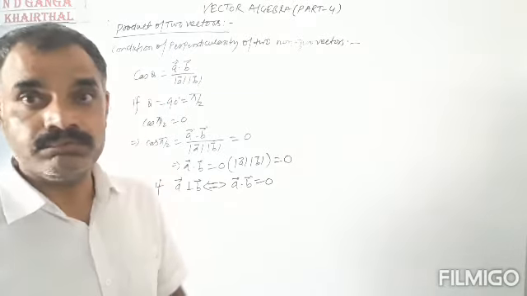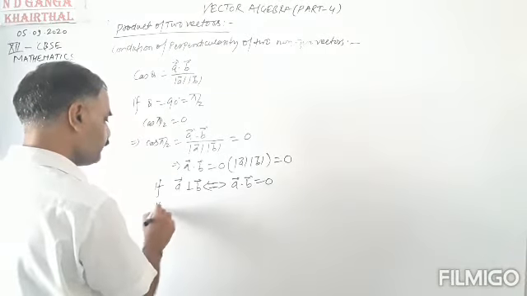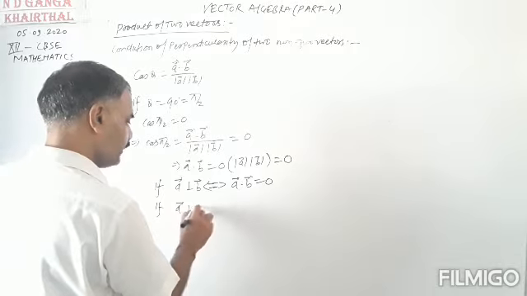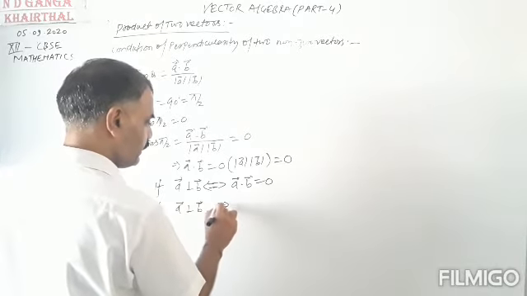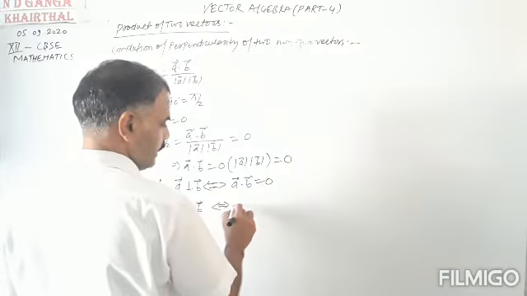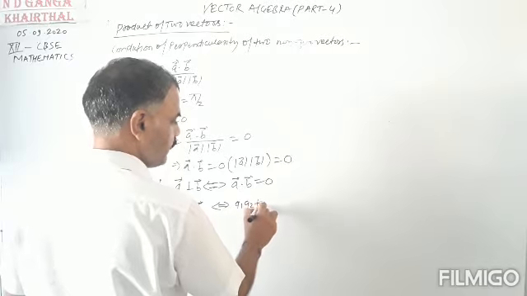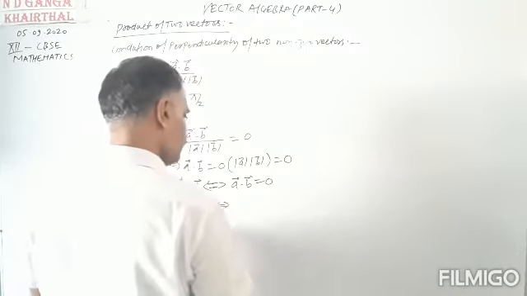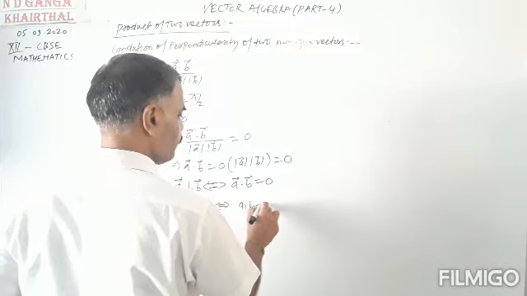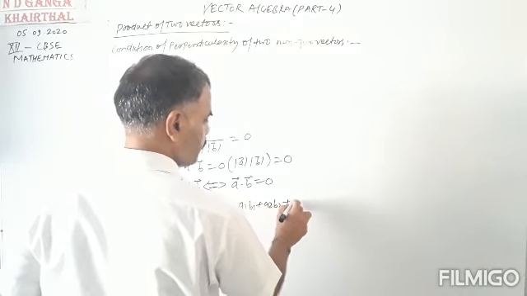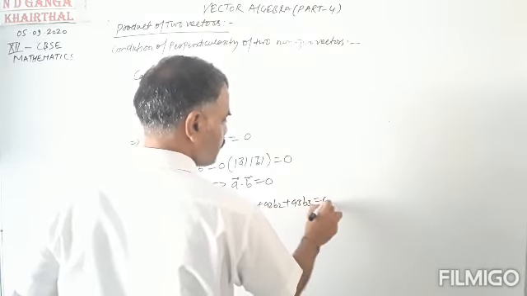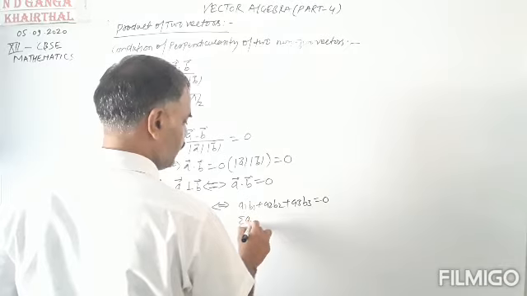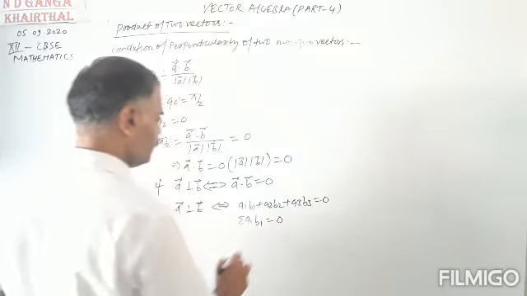And in component form, if a vector is perpendicular to b vector, then this implies a1 b1 plus a2 b2 plus a3 b3 is equal to 0, that is summation a1 b1 is equal to 0.